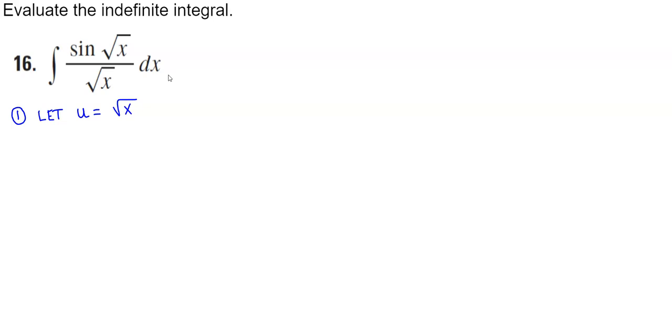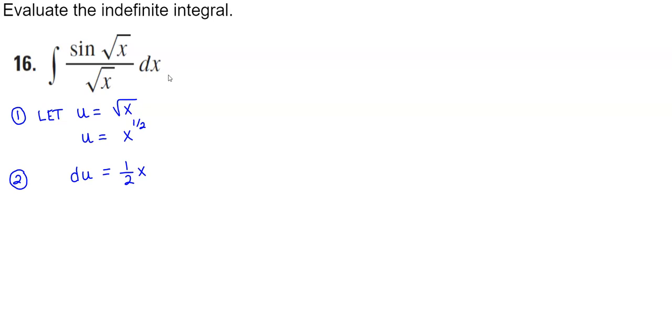Now this is the same thing as saying u is equal to x to the power of 1/2. Okay, so now let's take the derivative of both sides. The derivative of the left side is du. The derivative of the right side is going to be 1/2 x to the 1/2 minus 1.